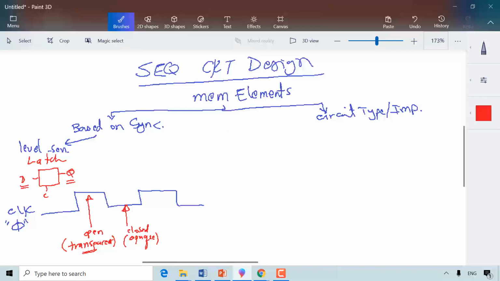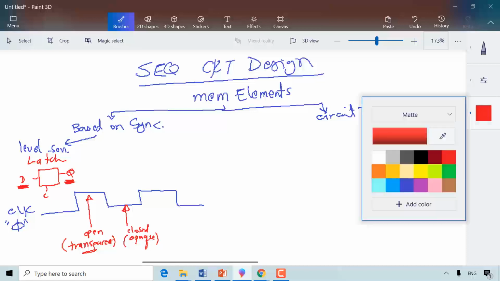That is the meaning of a latch that is open. When the latch is closed, no matter what D changes, Q is not going to change because we stored the last value of D. All right, so that's in terms of level sensitive.